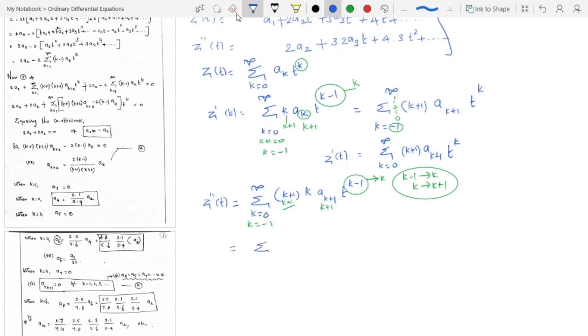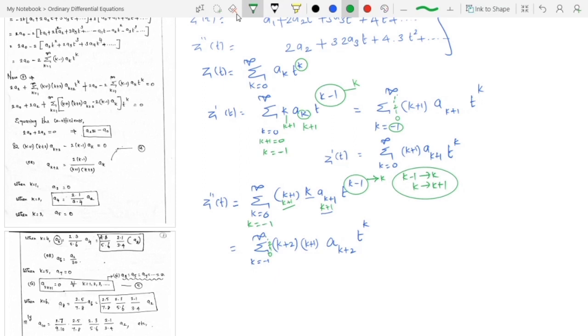Now summation k varies from minus 1 to infinity, k plus 1 plus 1, that is k plus 2, a suffix k plus 1 again plus 1, that is a_(k+2), t power k, with k minus 1 replaced by k. While expanding the summation, start from minus 1, then 0, 1, 2 and so on.